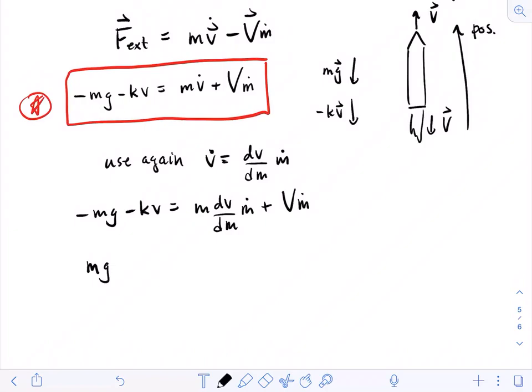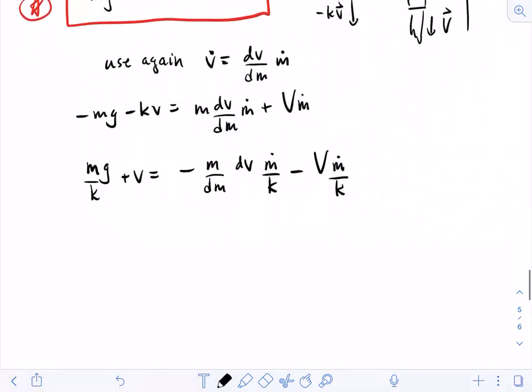We get mg over k plus v equal to minus m dv/dm m dot over k minus v m dot over k.